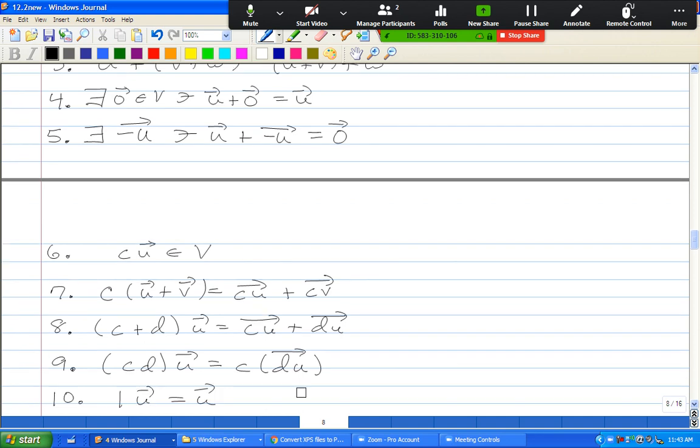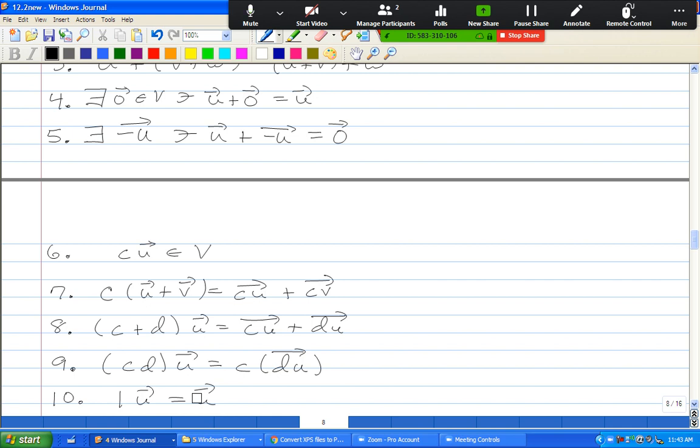And lastly, the multiplicative identity for the scalar field, 1, times the vector U, is just equal to the vector U.